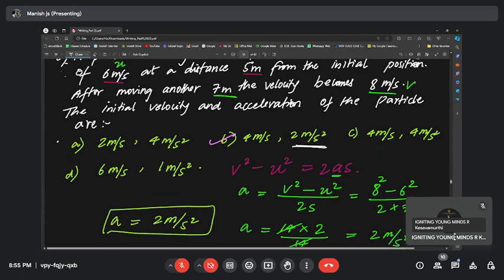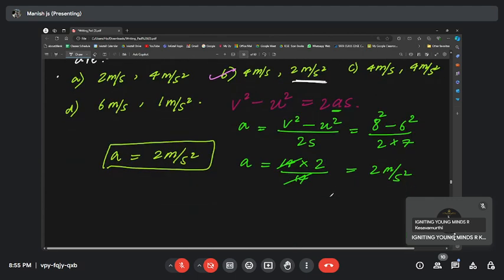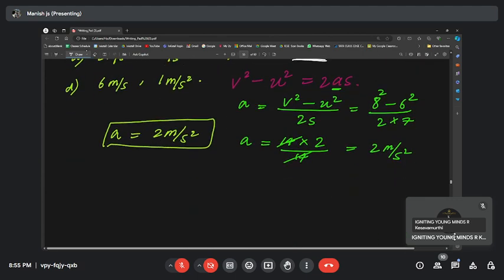Okay. Second part, if you are going to solve, now let us see how to find out the initial velocity. How to find out u? So again, you want to find out u, so rearrange this equation for u, children. Take u to one side and make it positive. So can I write u squared is equal to v squared minus 2as? Correct? We can write it that way. Now go and substitute the values and find out the value of u squared.